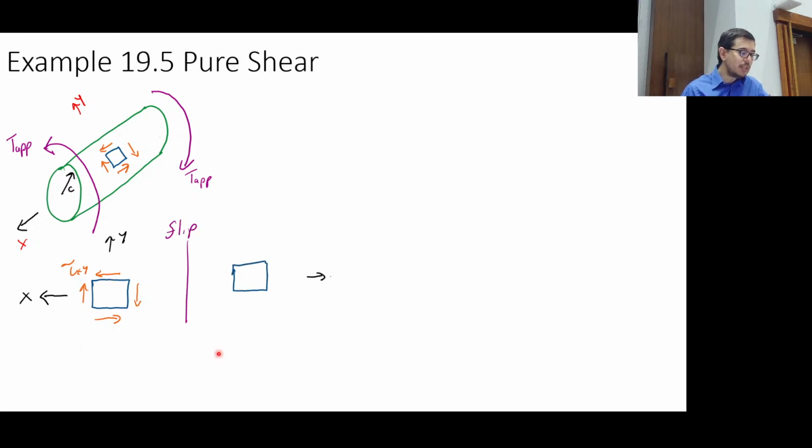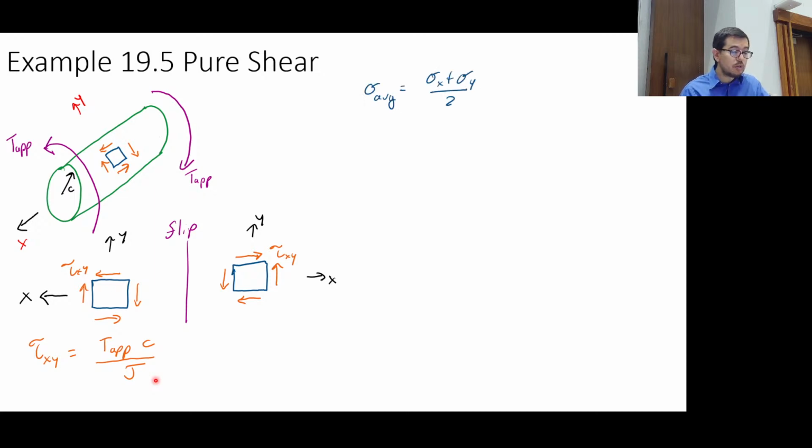If we flip it just so that we're looking at our xy coordinate system like we normally do, especially when we do rotations, okay, we can draw pure shear like that. We can map the tau xy in this situation to the tc over j. And we can then draw a Mohr circle using the equations that we have.